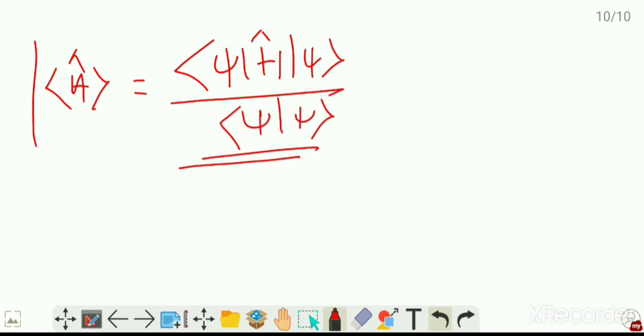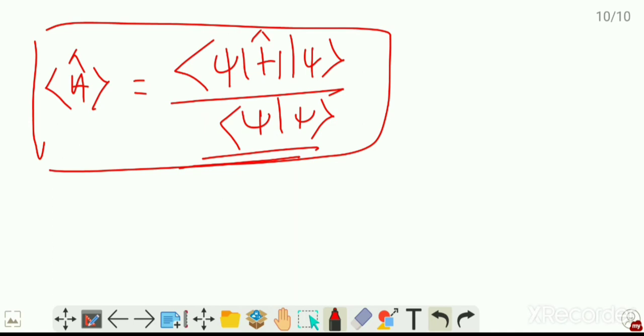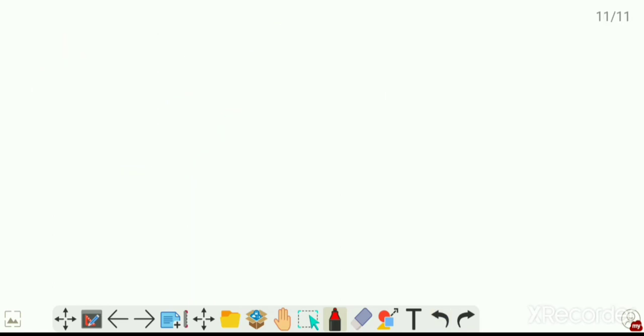This is the expectation value of the Hamiltonian operator. Okay. Now we'll study the complete set of commuting operators.